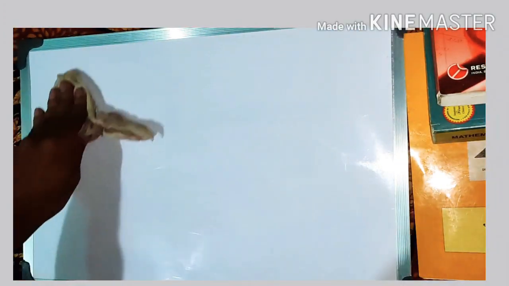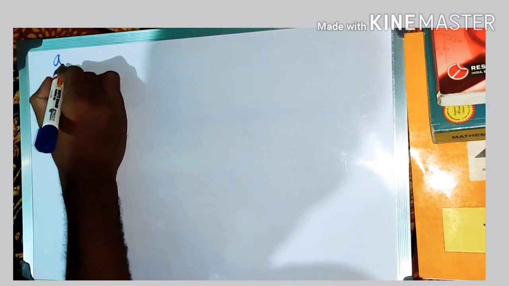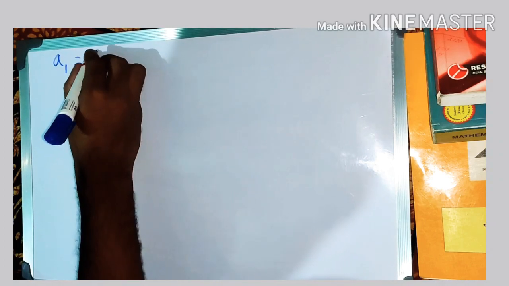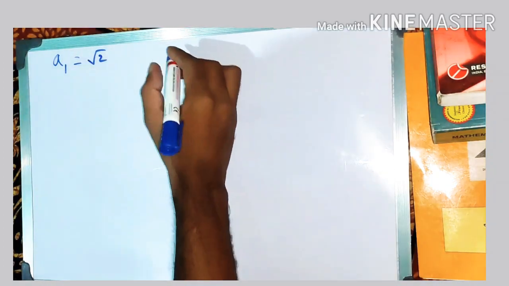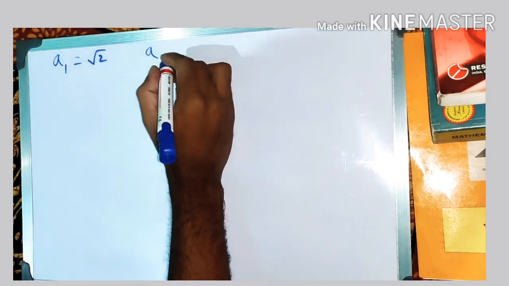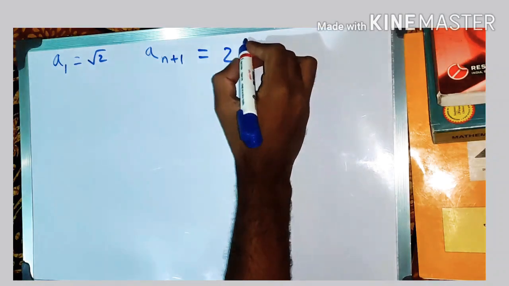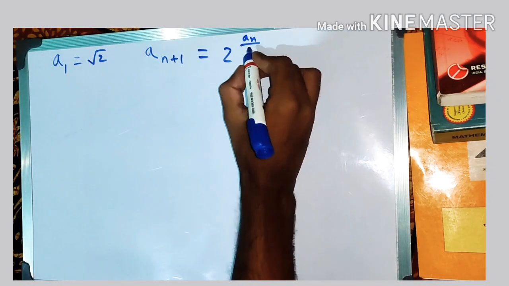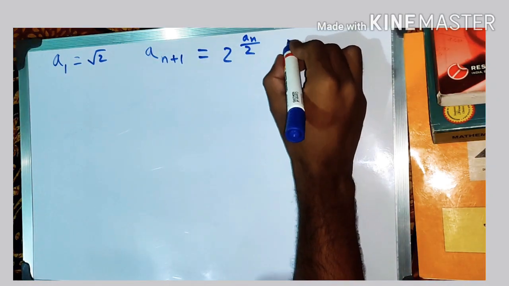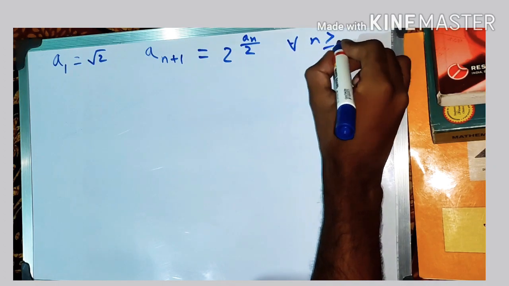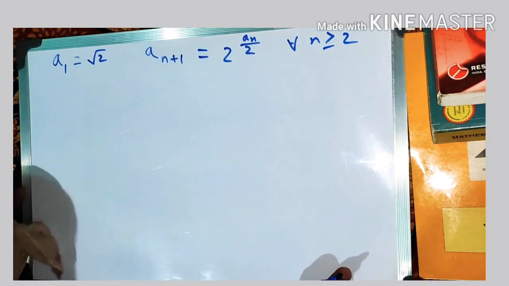Now let's move to the second question. For a sequence a1 equals root 2 and an plus 1 equals 2 to the power an by 2 for all n greater than or equal to 2.